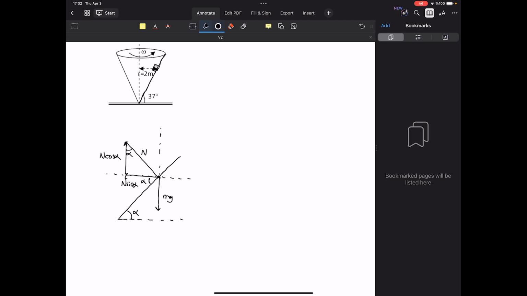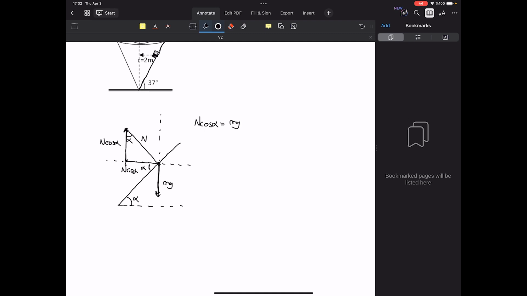So n cosine alpha must equal mg, and this means n is equal to mg over cosine alpha. Multiply that by sine alpha, and we get mg times the tangent of alpha.